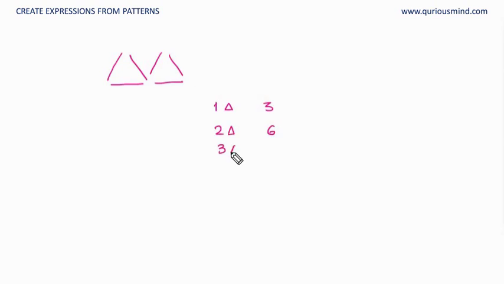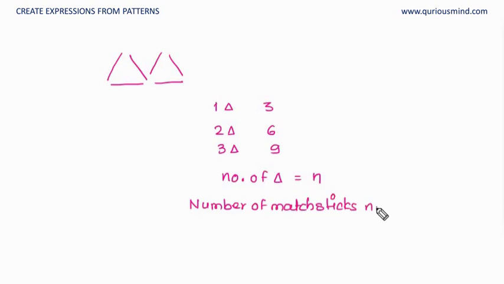For 3 triangles, I will need 9 matchsticks, and so on. So if I call the number of triangles equal to n, then number of matchsticks I need would be, see, if number of triangles is 1, then this is equal to 1 into 3.